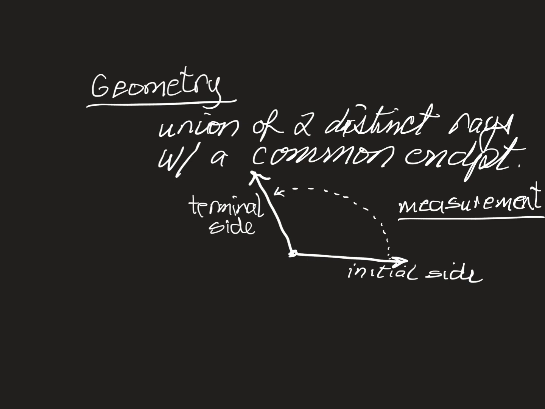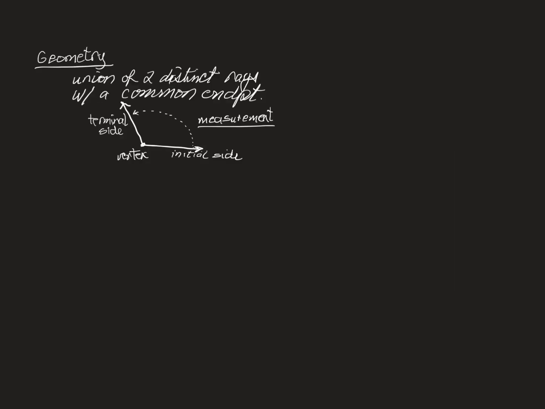Now, the common endpoint is called the vertex. So you want to keep that in mind. So a very interesting thing happens when you make this sort of definition. If you have an initial side and then you rotate in some direction and come up with a terminal side, nobody said what direction you have to rotate.